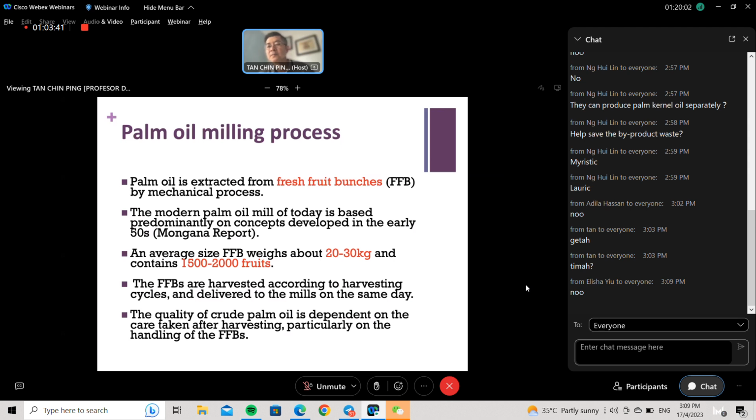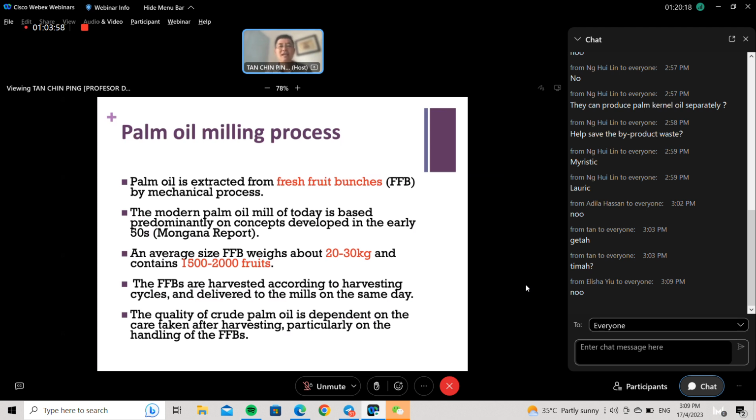No. Okay. So if you have a small plantation, then usually your fruits will most of the time stay on the ground for a slightly longer period of time because your plantation may be small.